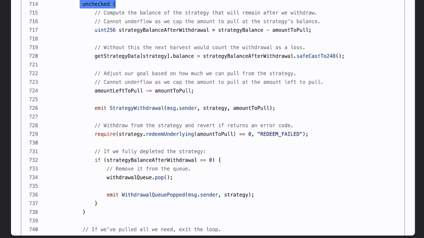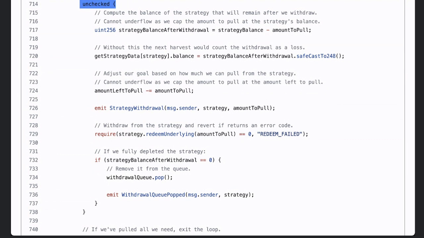Even if everyone on the planet was calling increment every second until the heat death of the universe, they're not getting there. So in some cases, Solidity, you're being a bit overzealous here. We're going to turn off your checking. We know best.